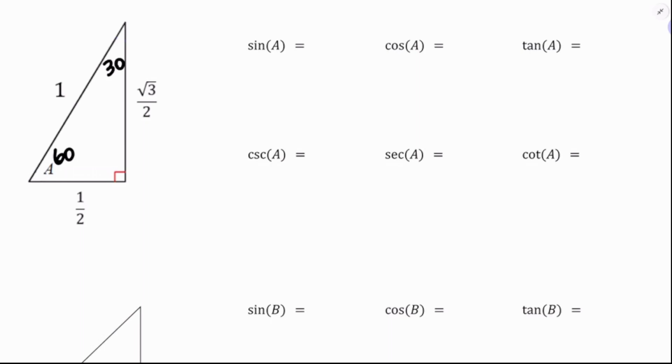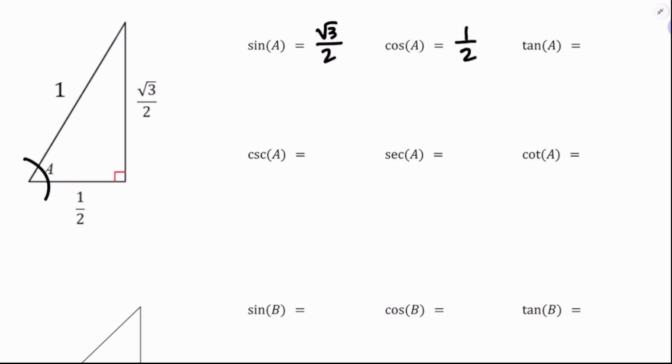Because, and actually I'm going to probably get that out of there, because sine of A, I need to be thinking from that perspective. Opposite over hypotenuse, root 3 over 2 divided by 1. Oh, divided by 1, that's really nice. Okay, we won't really be doing anything over there. Whoops, I just want to get rid of the arrows. Cosine is adjacent over hypotenuse, so I've got 1/2 divided by 1.